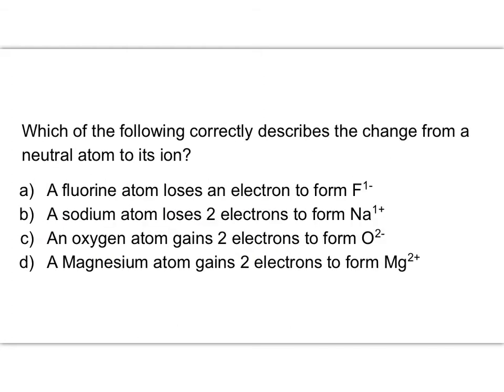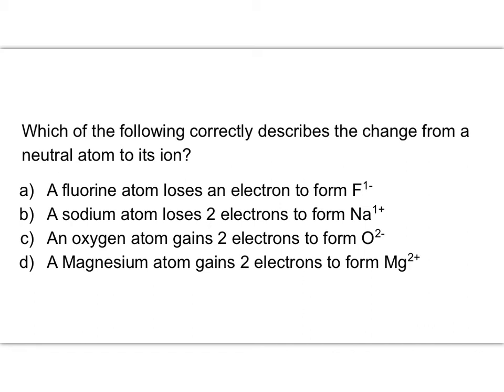Which describes the change from a neutral atom to its ion? So all of these choices indicate an atom gaining a charge of some kind. But what we have to look at is which one correctly describes how that ion would be formed. So for example, a fluorine atom loses an electron to form F1 minus.